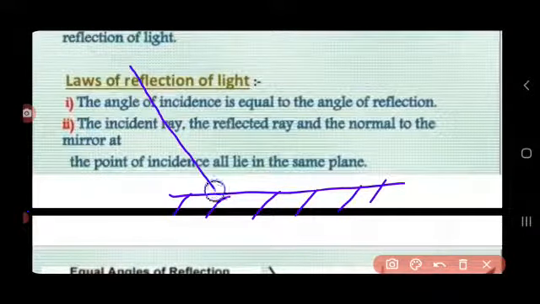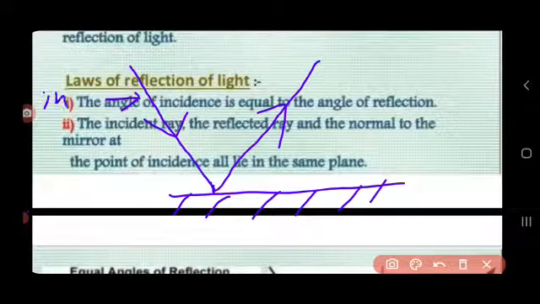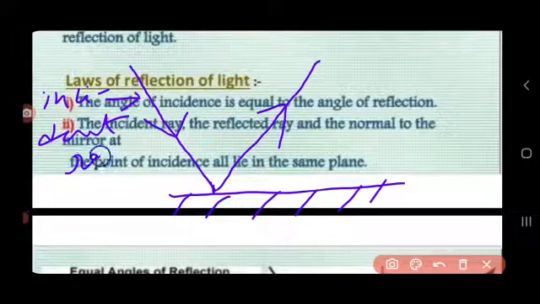And suppose we draw a perpendicular line on the surface through the point of incidence, it is considered as a normal. Okay, so normal is the imaginary line perpendicular to the surface through the point of incidence.